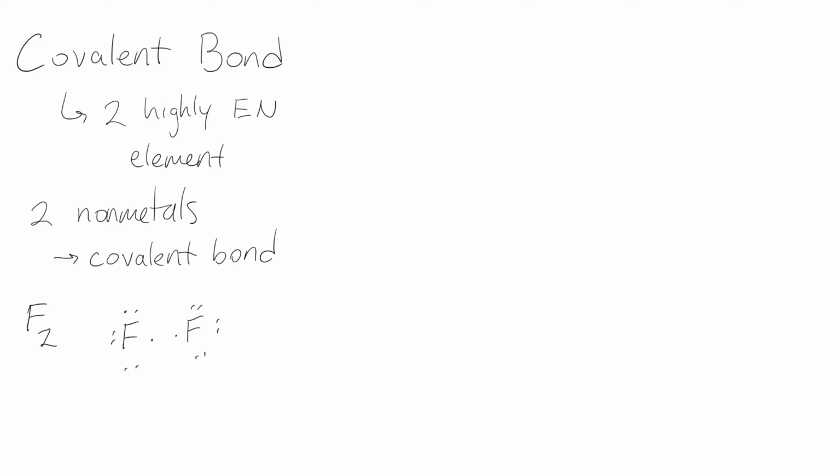These two elements would like 8 valence electrons, so they can share 2 electrons. We represent this not by putting 2 electrons in a circle, but using what's known as a stick. A stick represents a covalent bond in our Lewis dot structure.